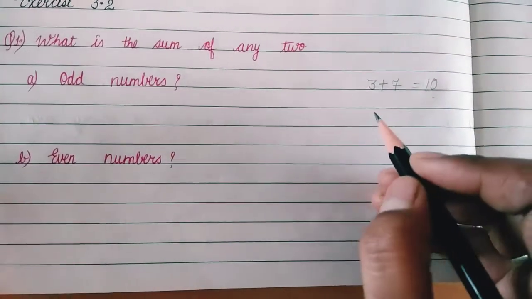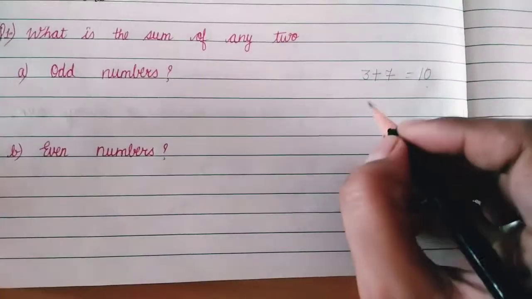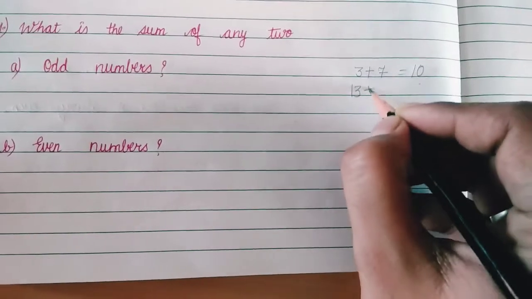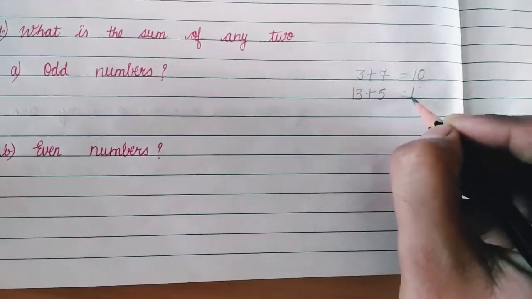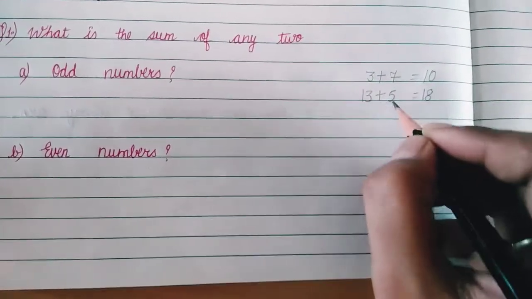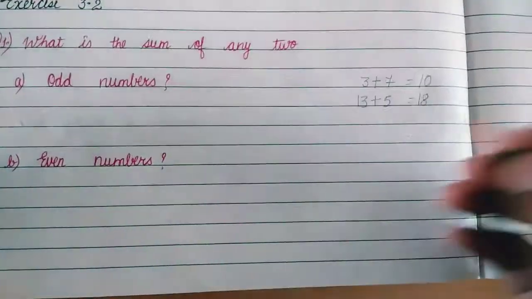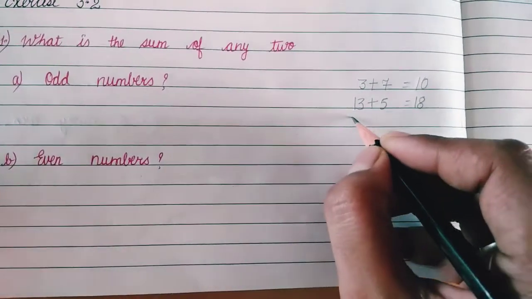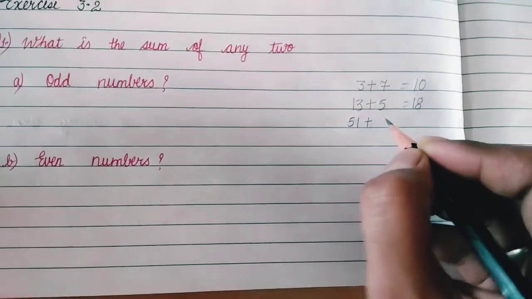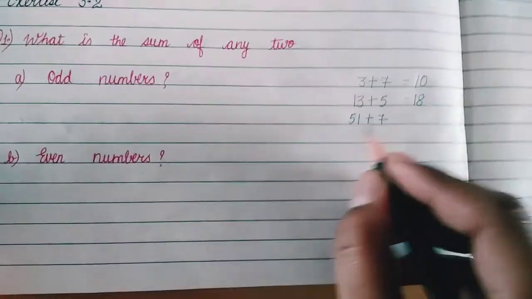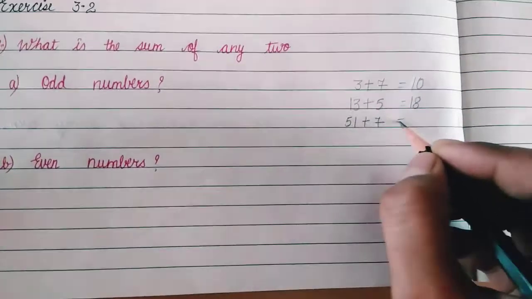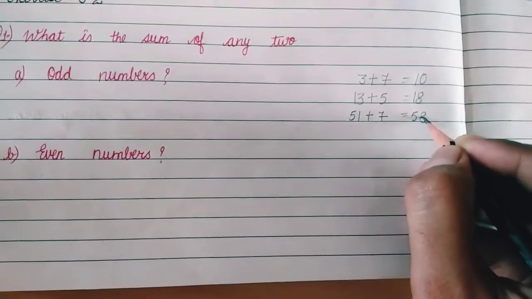We have lots of odd numbers. If we add 13 plus 5, we have 18. They are both odd numbers. We can take many more examples. If we take 51 plus 7, they are both odd numbers, and their sum is 58.